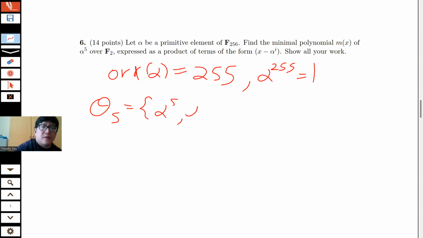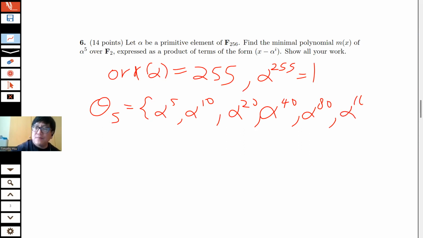Squaring it, alpha to the 10th. Boy, I hope I can do this arithmetic correctly on camera. Alpha to the 20th, alpha to the 40th, alpha to the 80th, alpha to the 160, 320. 320 minus 255 is 65.